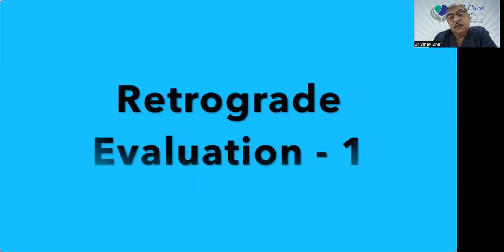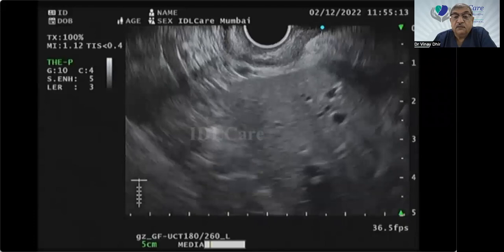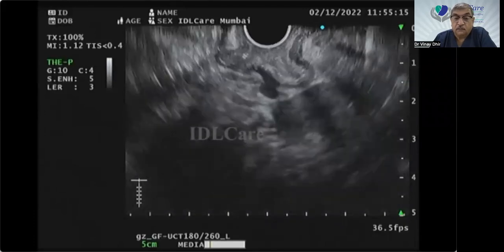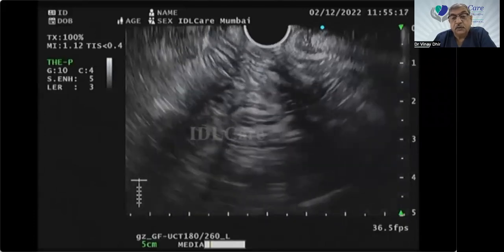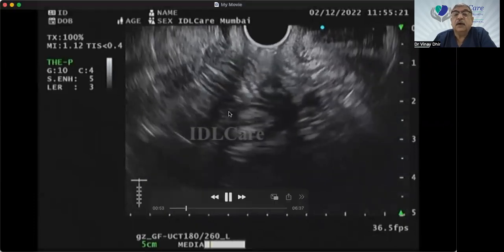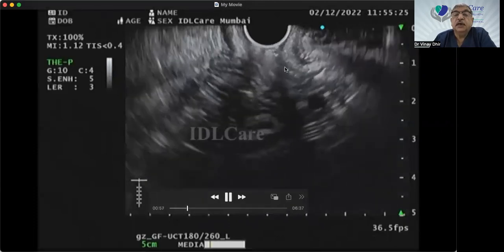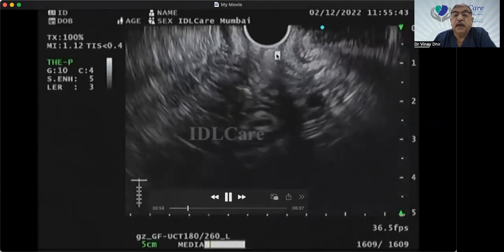Now, you can do the same thing from below also. In this case, we are coming from the stomach upwards. Again, as I told you, you have to do tip down and rotate clockwise and anti-clockwise till you see a tubular lumen. See here? Here we are seeing a tubular lumen with air.